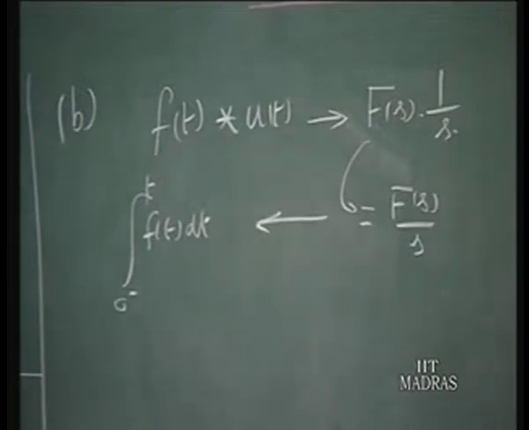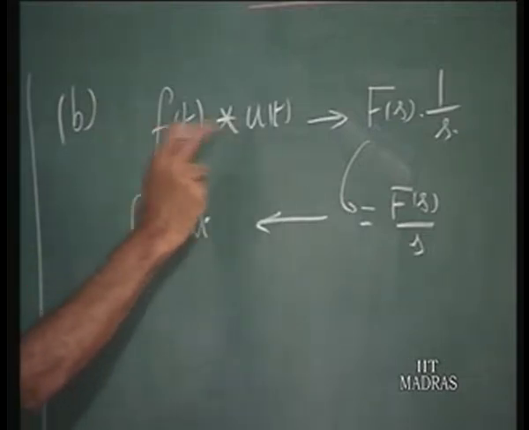In the Fourier transform theory, we might have taken this from minus infinity onwards, but in the Laplace transformation, because we are dealing with causal time functions, we take the limit from 0 minus to t, because f(t) is assumed to be 0 for negative values of time. That is the difference. So the integral of f(t) dt from 0 to t is F(s) over s, and that is indeed the product of the Laplace transforms of these two functions.